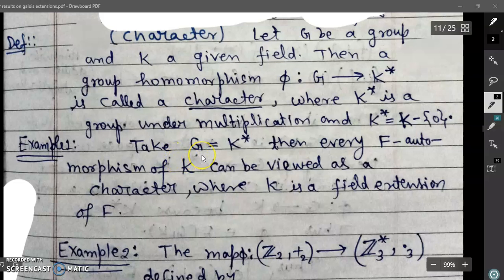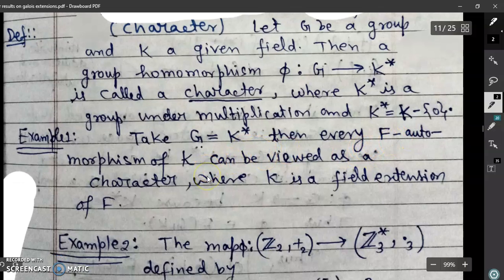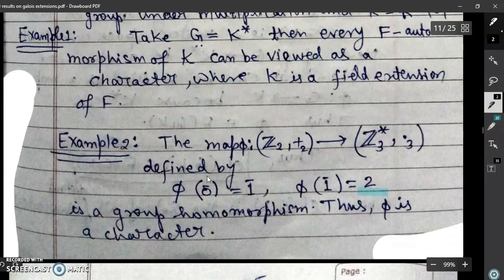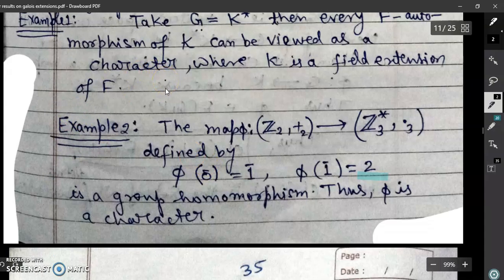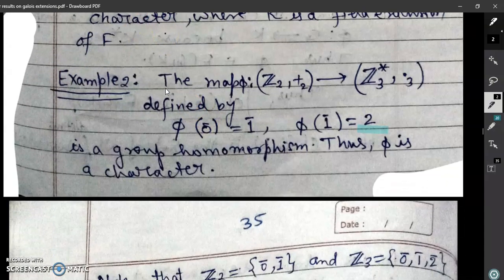So first example, we observe that if K is a field extension of F, then every F automorphism of K can be viewed as a character. We use this in the proof of Dedekind theorem.